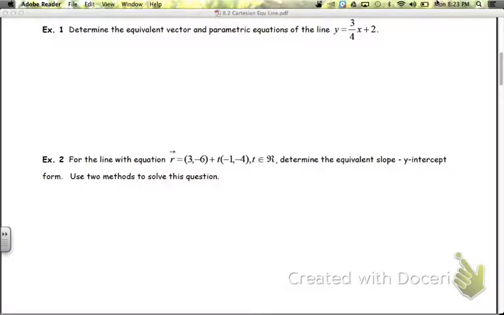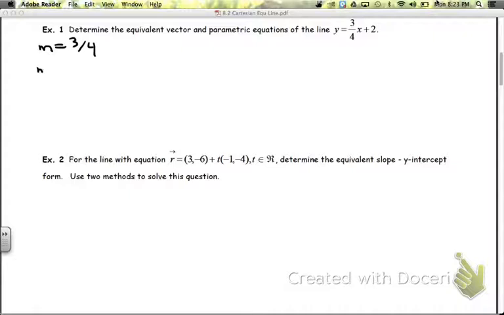We want to determine an equivalent vector and parametric equations of the line y equals 3/4 x plus 2. So let's look at what we actually know here. We know that our slope is equal to 3 over 4.